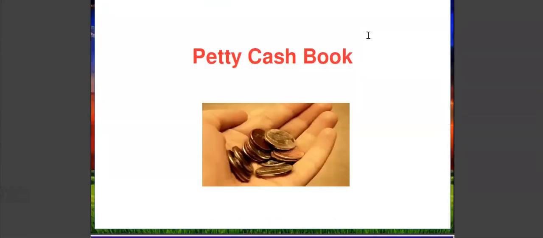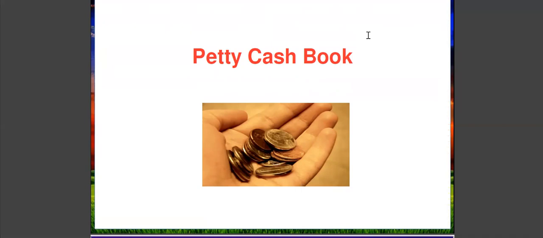Now, petty cash book. Each and every day we spend a lot of money on expenses for tea, refreshments, postal charges, A4 sheets, a lot of petty items. We cannot write all these small expenses in the ledger, because for each and every head we would have to open a separate book, which is not necessary.